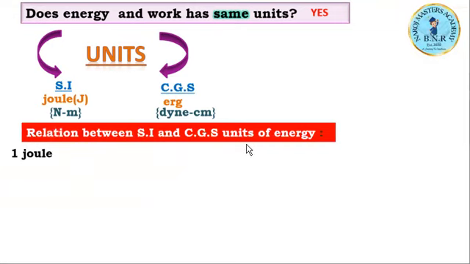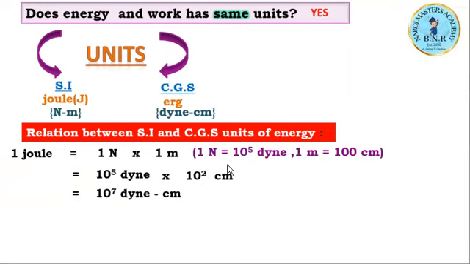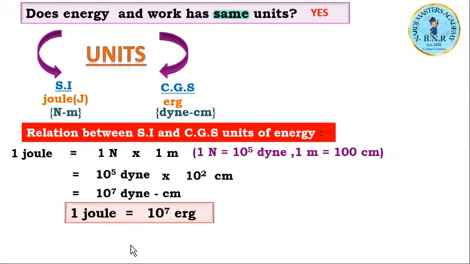Relation between SI and CGS units of energy: 1 joule is equal to 1 Newton meter, and 1 Newton is equal to 10 power 5 dynes, and 1 meter is equal to 100 centimeters. So 10 power 5 dyne into 10 square centimeter. So 10 power 7 dyne centimeter. 1 joule is equal to 10 power 7 erg.